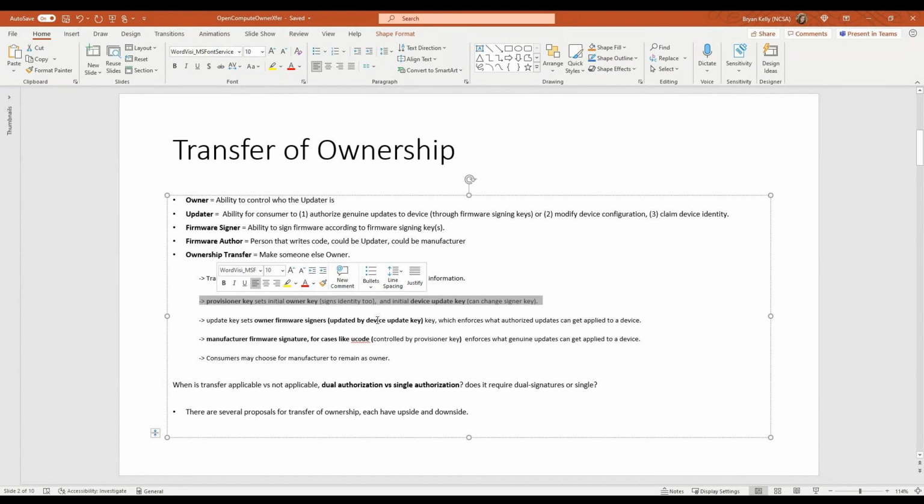And the last point that we made was that consumers may choose for the manufacturer to remain as the owner of all code. That's still accurate. Good recap of last week.